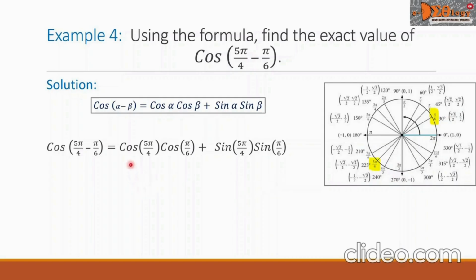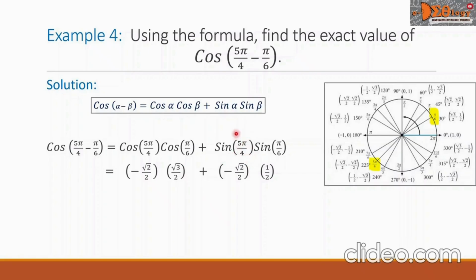We know that for the cosine, this is the x-coordinate of the angle. So the cosine of 5 pi over 4 is negative square root of 2 over 2 times the cosine of pi over 6, the value is the square root of 3 over 2, plus the sine of 5 pi over 4.